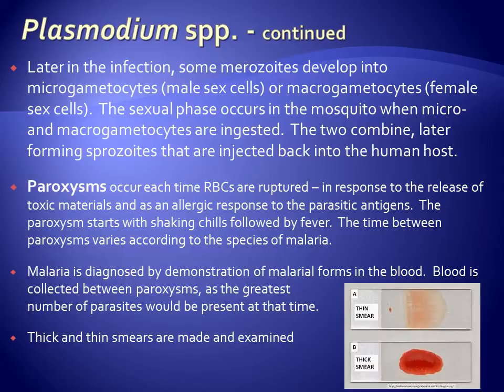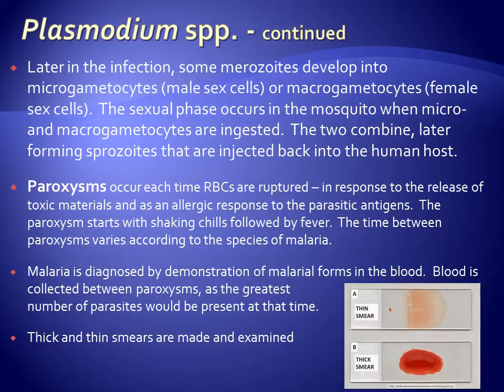The way that we look at these is to make thick smears and thin smears. If you are an experienced MLT, you know about making thin smears for white cell differentials as a part of the complete blood count. The goal in a thin smear is to spread out those cells so that they're one cell layer thick, so that as you're evaluating them, you're looking at one at a time that is separate from its neighbors.